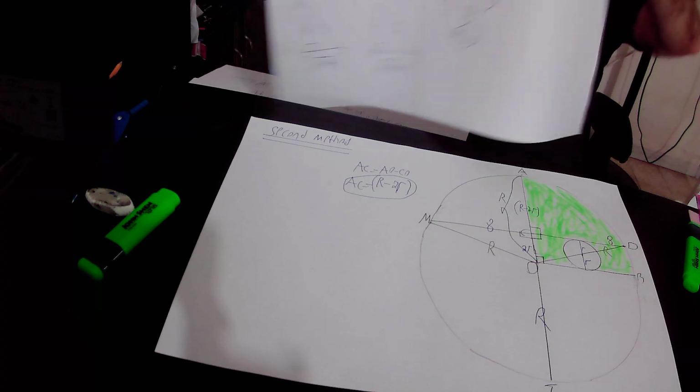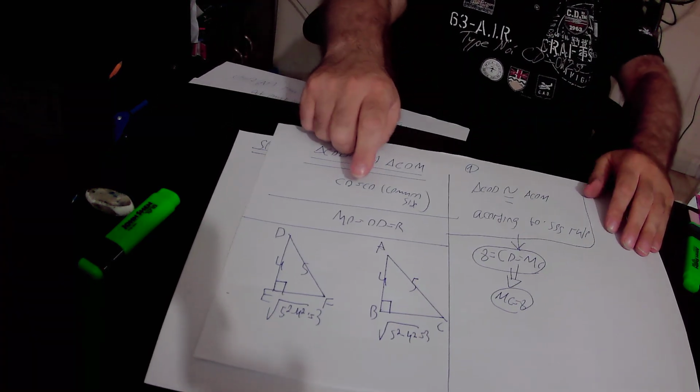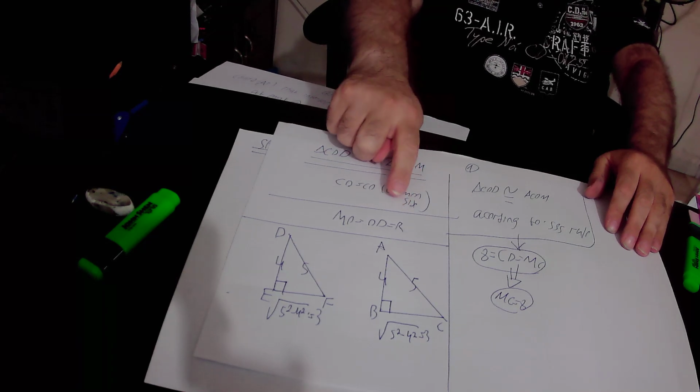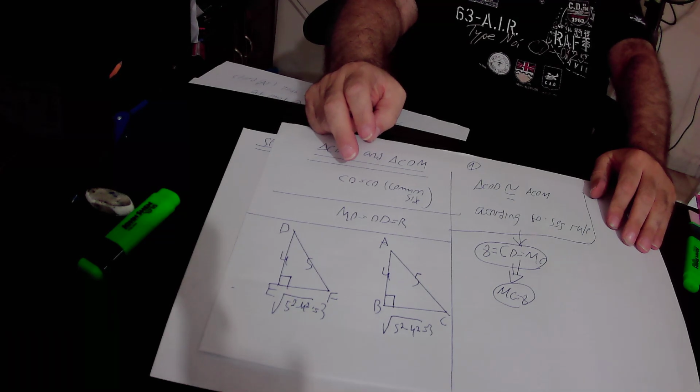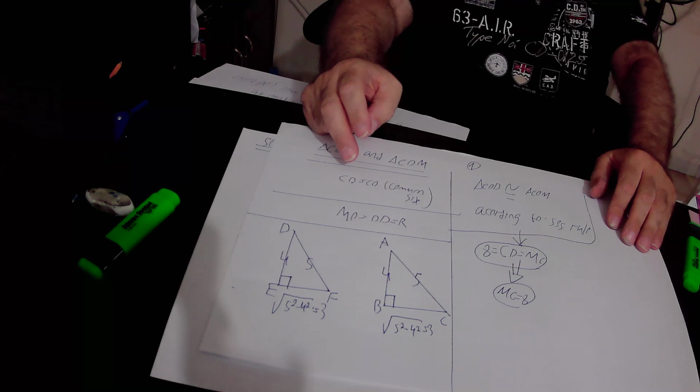Here we prove that CO is equal to CO and OM equals OD equals capital R. And it is enough to prove that the hypotenuse and one perpendicular of two right triangles can go in order to prove that the two right triangles can go into each other. Why?